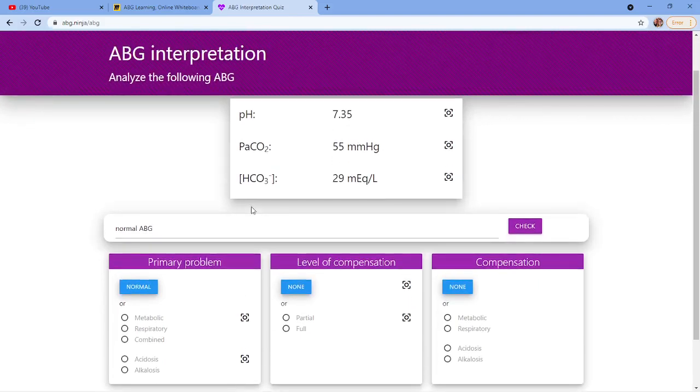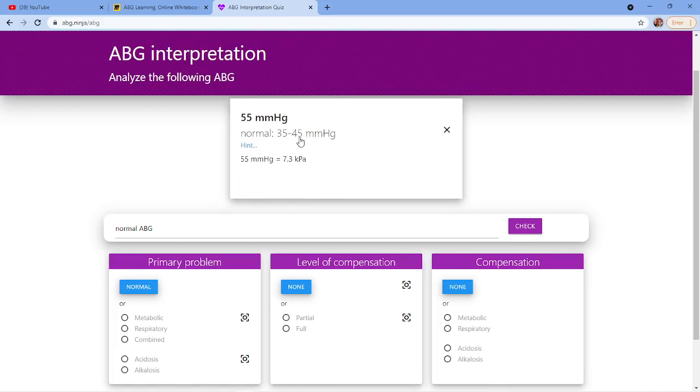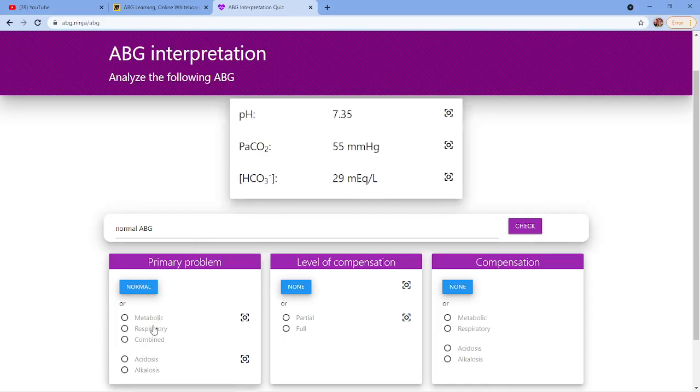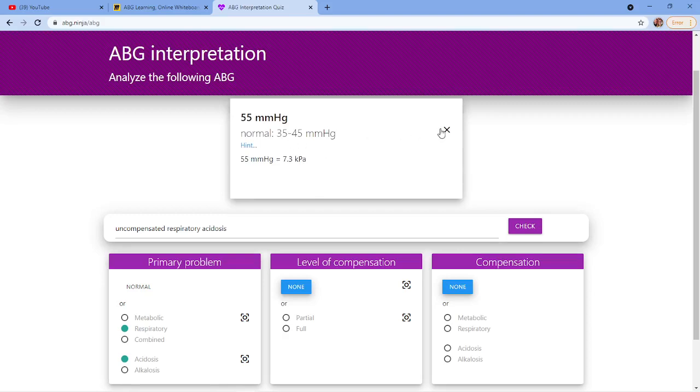So we can look at this and ask which one is causing the problem. I would wager a guess it's the respiratory, right? Because that's way outside the normal limits compared to the bicarb that's just barely outside the normal limits. So we come over here and ask, is it normal? No, it's not, because those values are not normal. The only thing normal here is the pH. Everything else is abnormal. Respiratory is definitely the most abnormal, so we're going to call that the primary culprit of the ABG malfunction.